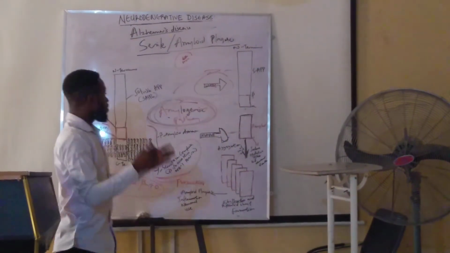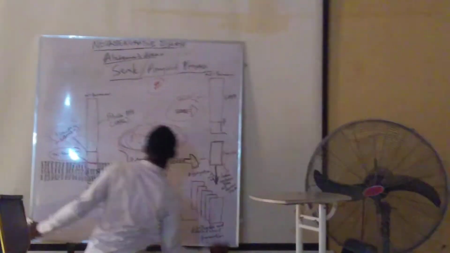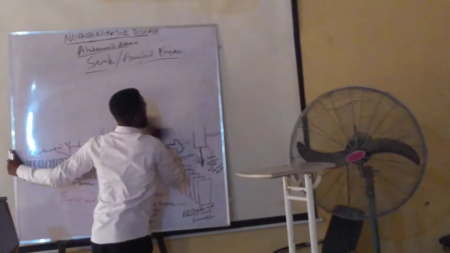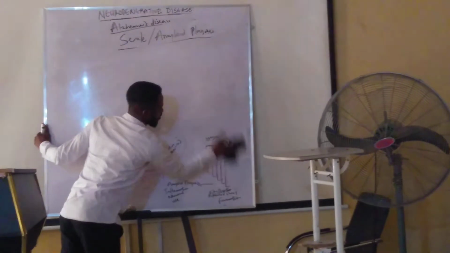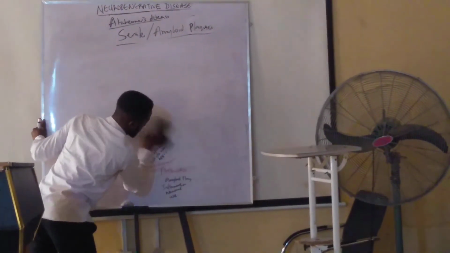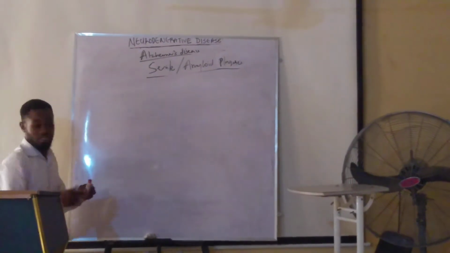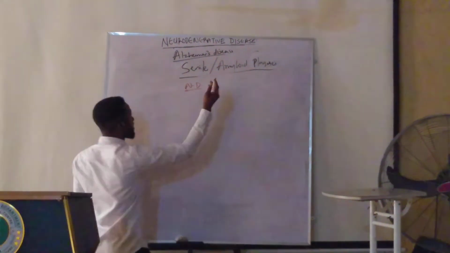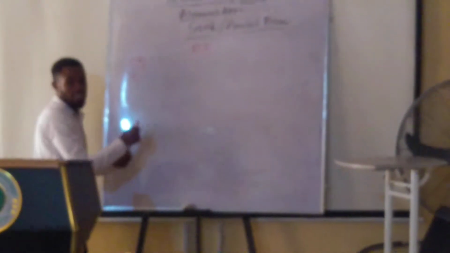So, let's take a brief recap of what we talked about from the beginning. We talked about Alzheimer's as a neurodegenerative disease, where we listed examples of them: we have AD, we have Huntington's, we have Parkinson's, and the like.